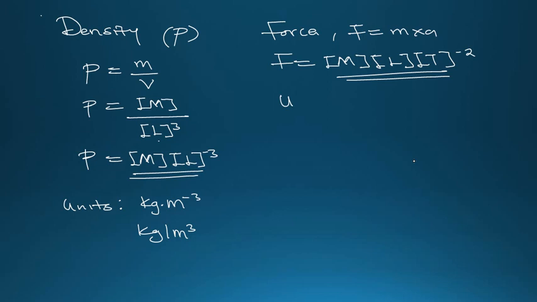What about the units of force? So M is for kg, and L is for meters, and T is for seconds. So these are the units of force, and this is equivalent to 1 Newton.